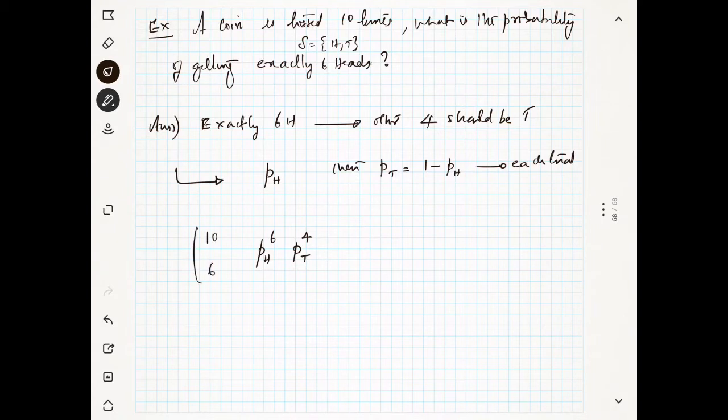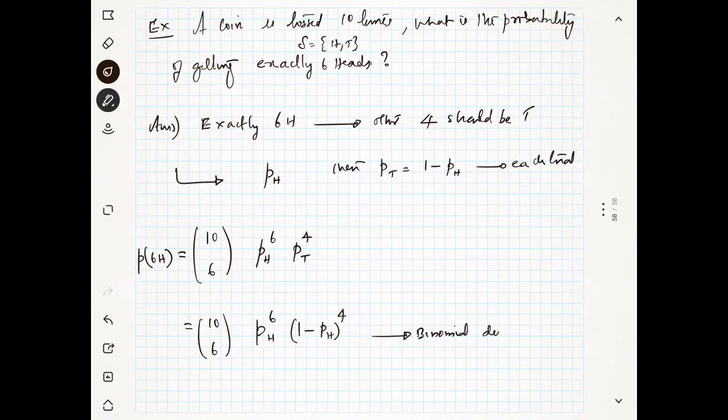So the probability of 6 heads is 10 choose 6 into probability of head to the power 6 into (1 minus probability of head) raised to 4. And this is nothing but a binomial distribution, as I told you.